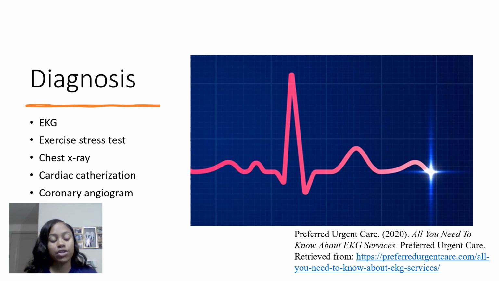The coronary angiogram is basically where they inject dye into the body, and then they take an X-ray and monitor for blockages and the flow of blood to see how efficiently your blood is flowing. If there's a decrease in blood flow, that'll give them an idea that that area is where a blockage is.